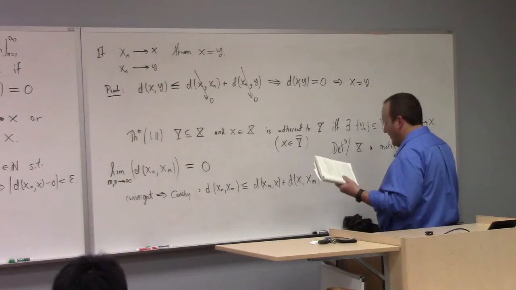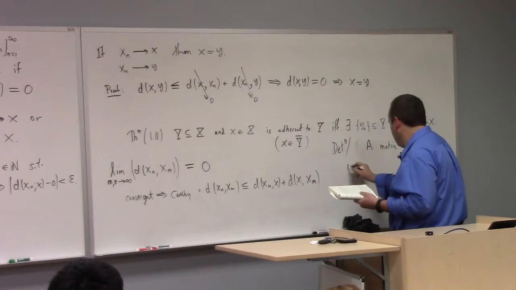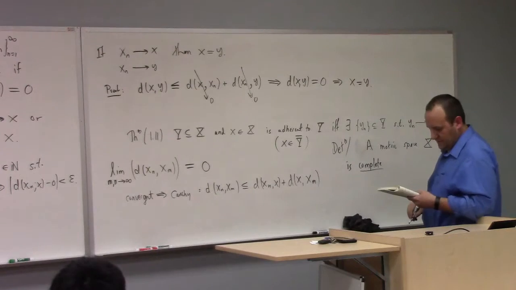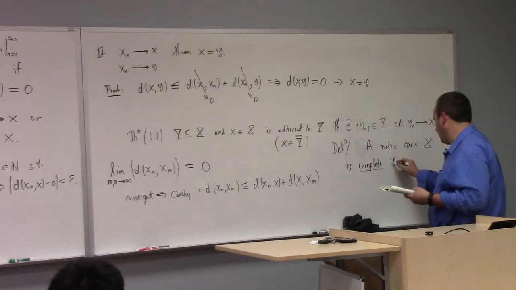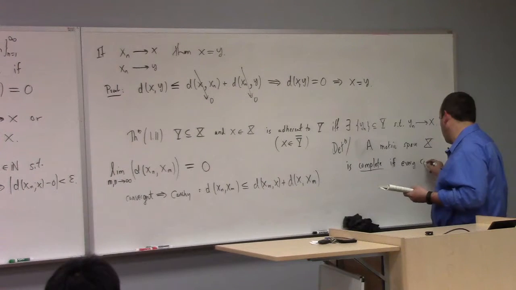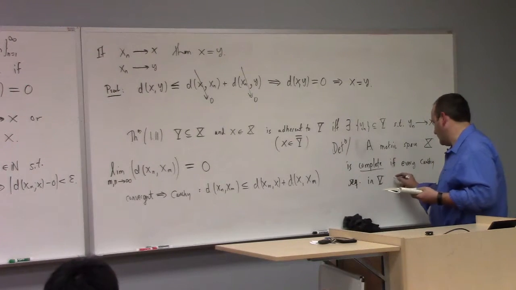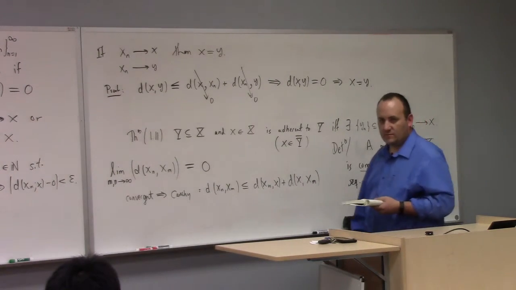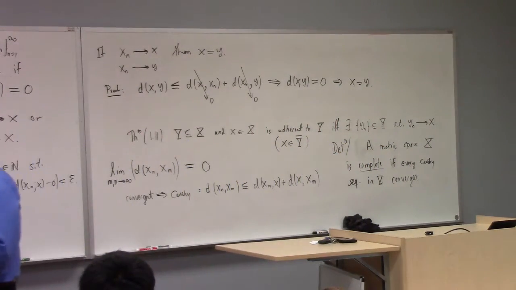A metric space X is complete if every Cauchy sequence in X converges. In other words, Cauchy implies convergent in a complete metric space.